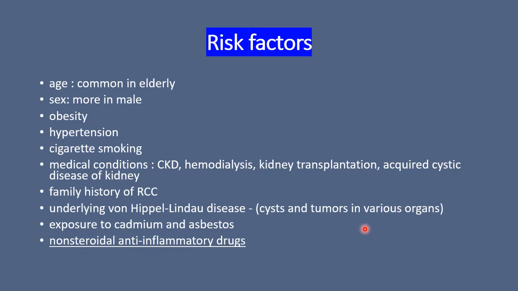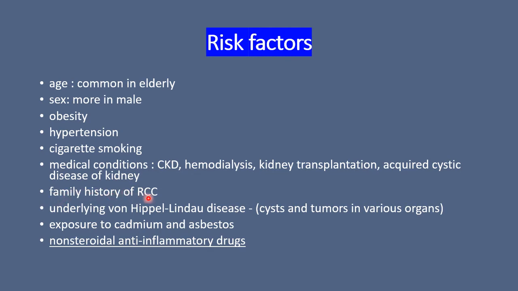What are the risk factors for this cancer? Age, as mentioned, it occurs in the elderly, more common in males, 2:1. Obesity is another factor. Hypertension, cigarette smoking, and medical conditions such as chronic kidney disease, patients on hemodialysis, patients post renal transplantation, and acquired cysts of the kidney.